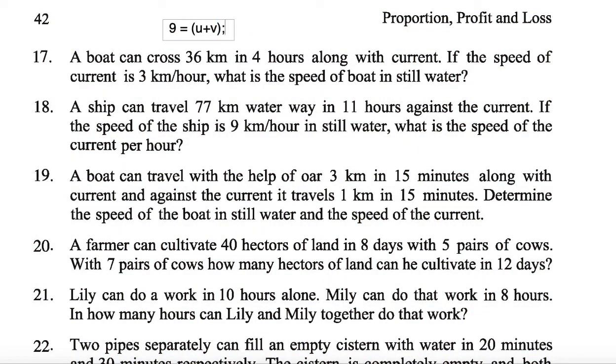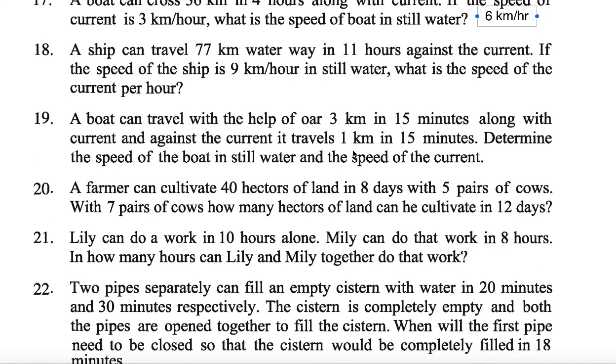Speed of the current is 3 km per hour, that is v is 3 km ph. If v is 3 km ph, what is the speed of the boat in still water? 9 minus 3, 6 km ph. Either you write 6 km per hour or 6 km ph.